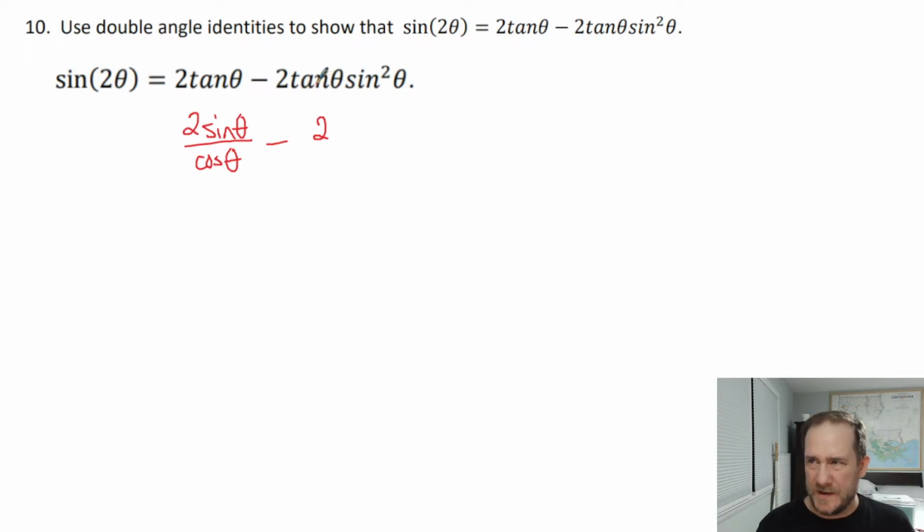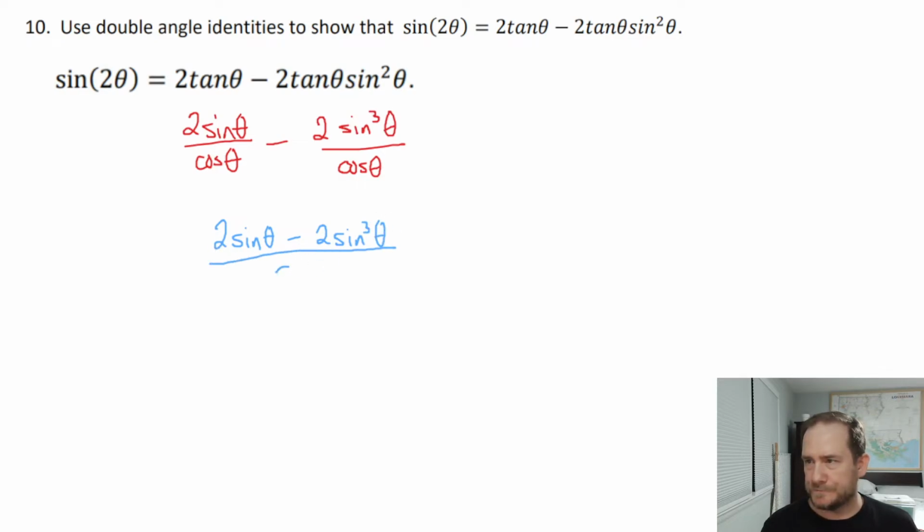This is a sine, so I'm going to combine it right now to get a sine cubed. I don't think I lose anybody by doing that. We'll have a denominator that's cosine, which is good because now we can combine those. This is now 2 sine theta minus 2 sine cubed theta, just all over cosine.